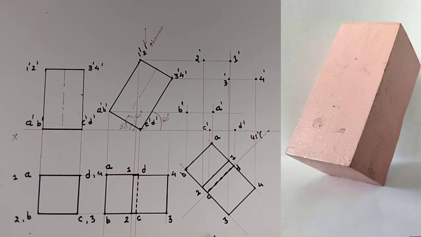Now from the elevation, the observer can see the square prism. In the top view, the elevation of the top base is full because the top base is nearer to the observer.